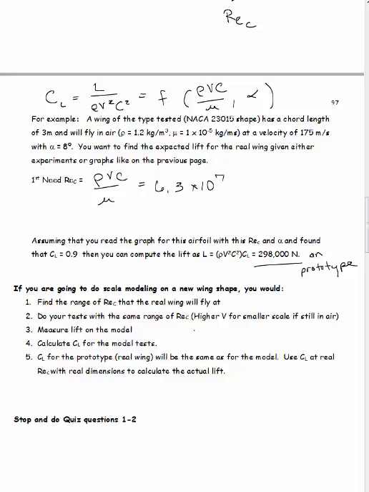You measure the lift on the model, but with that lift then you go ahead and calculate the coefficient of lift for your model tests, and then you can make those graphs, and with those graphs then you can figure out what that coefficient of lift is at the real Reynolds number that you're going to use. Okay, and then you can calculate the actual lift. So go ahead and do the first couple quiz questions.